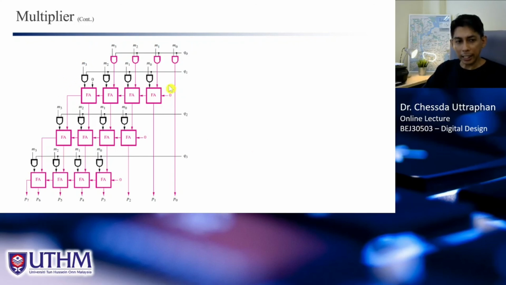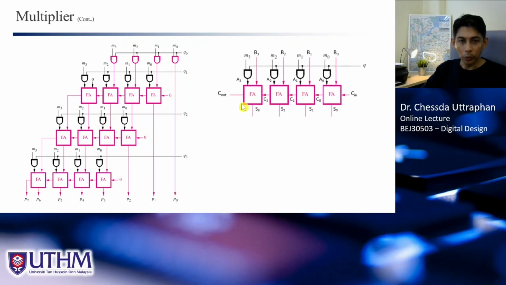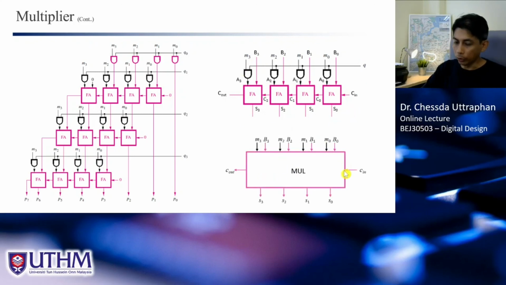In this case, we can see something here where the structure is repeated, right? So look carefully here. This one is similar to this one, and also similar to this one. So we can design this one first and make it a module like this.